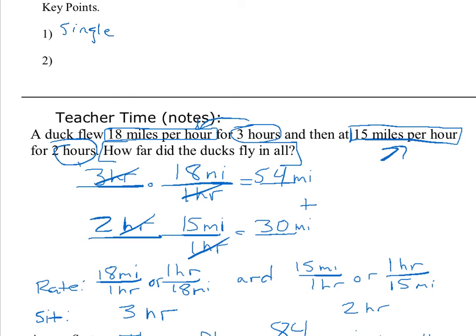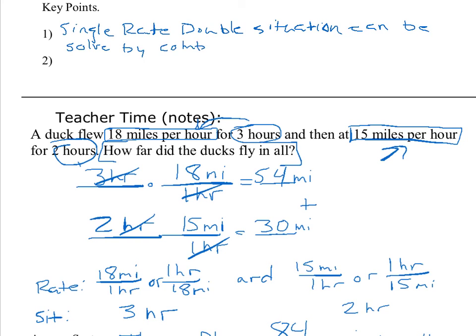Single rate, double situation, can be solved by combining situations or doing 2 rate multiplications.